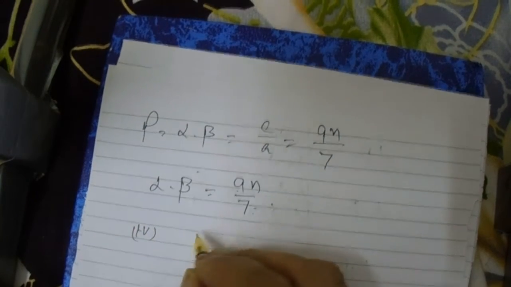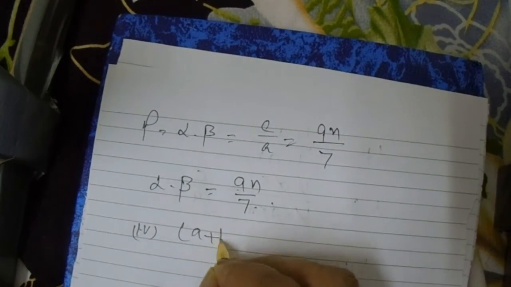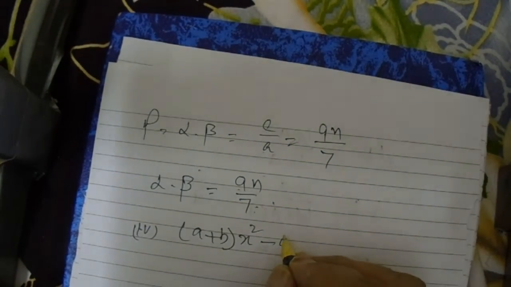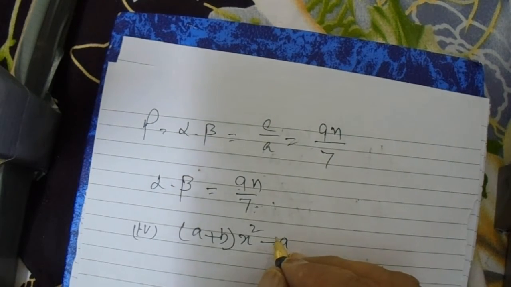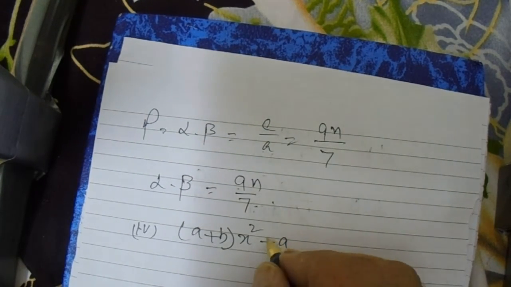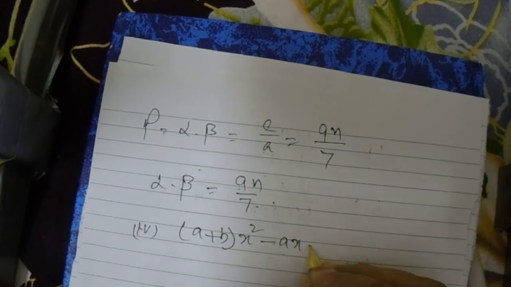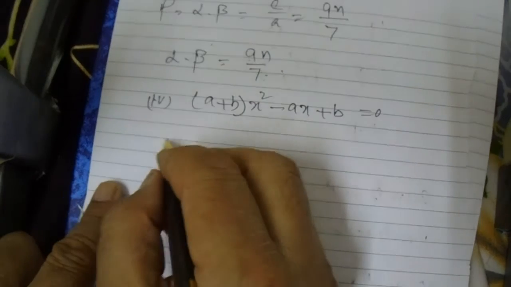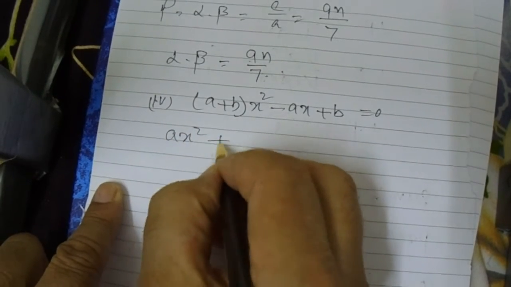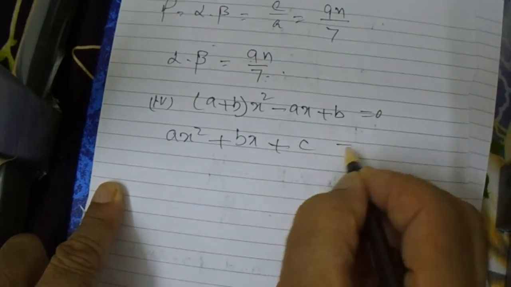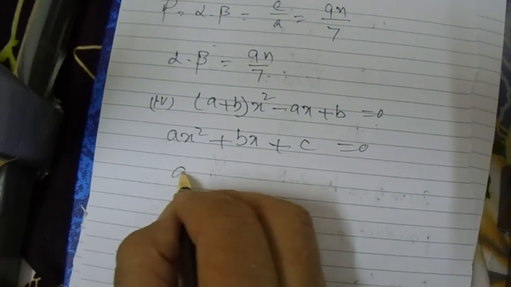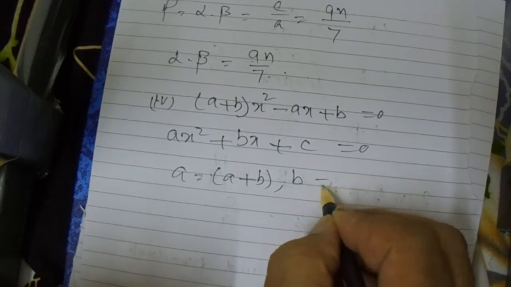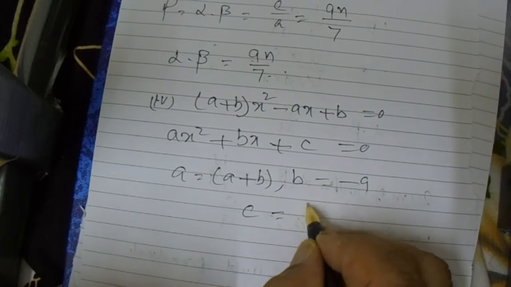Now the fourth part is a plus b x square and minus a x, this minus ax, and plus b is equal to 0. Now we write again the standard form of the equation: ax square plus bx plus c is equal to 0. Here a is equal to a plus b, and b is equal to minus a, and c is equal to b.